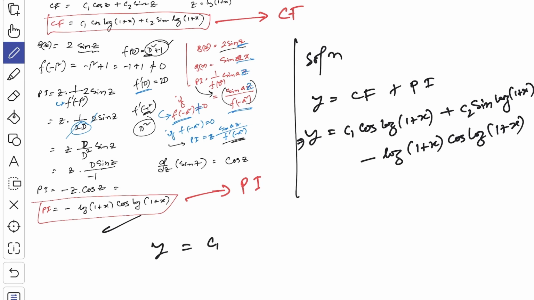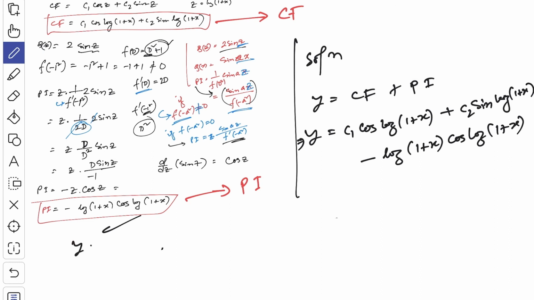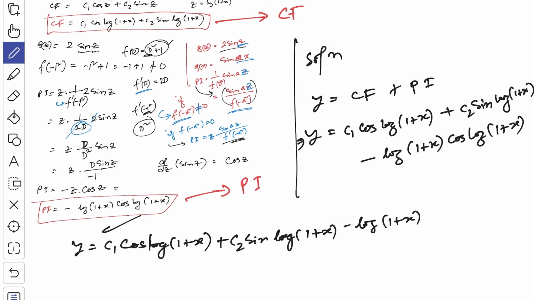Let me write the answer properly. Our solution is y is equal to C1 cos of log of 1 plus x plus C2 sine log of 1 plus x minus log of 1 plus x and cos log of again 1 plus x. So this is our answer.